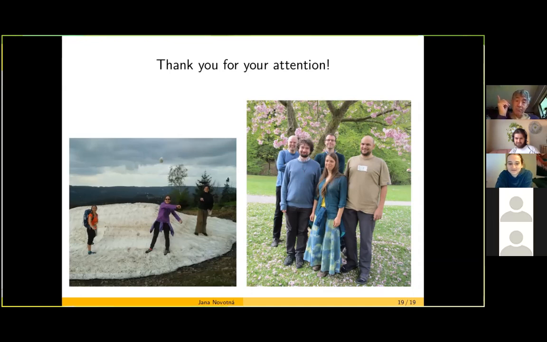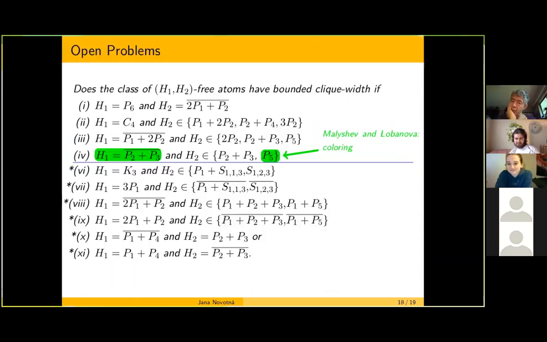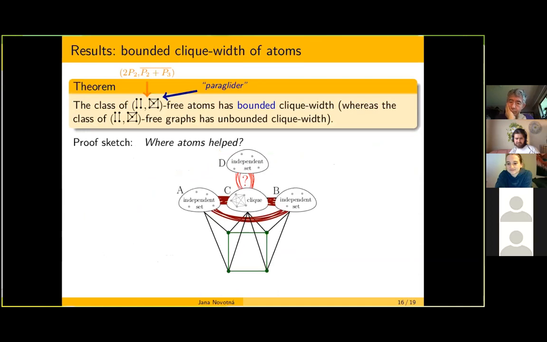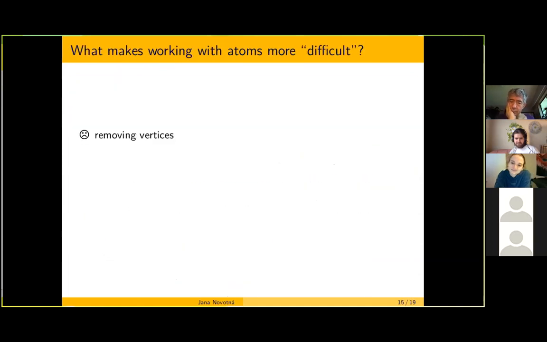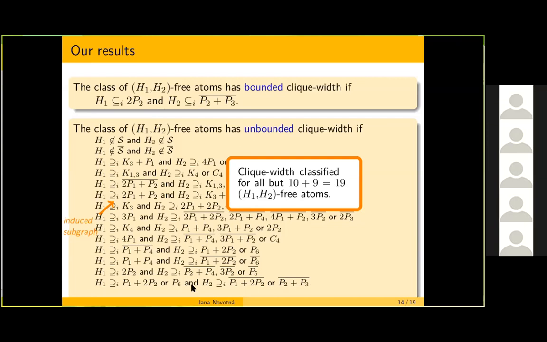I have a question about slide number 14. You have this script S. I don't know what the script S is. Did I miss the definition? Oh, no, I didn't tell you, because I wanted to put this table just to give an impression of how such results can look, but I didn't say what those letters mean.